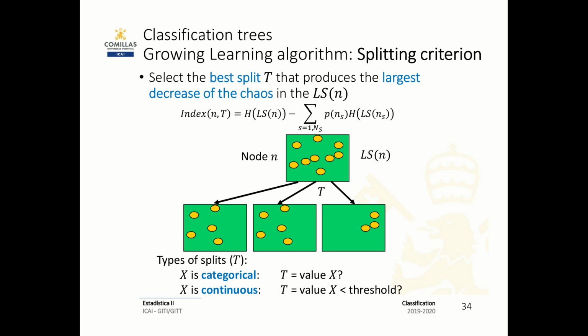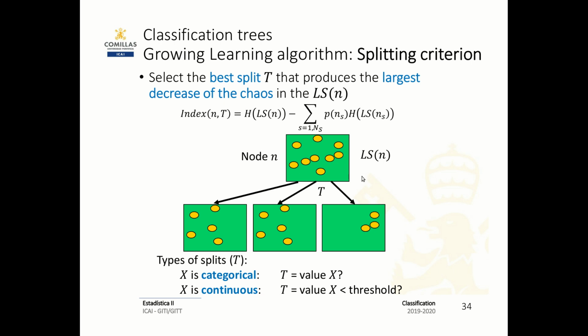child nodes is very small, so that means that the probability of any of these elements falling in this child is small, then we don't care whether this child node is very pure or not, because the probability of falling in that node is so small that it contributes very little to the overall entropy.